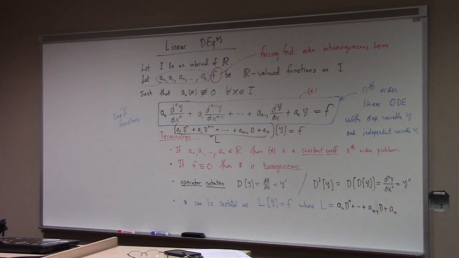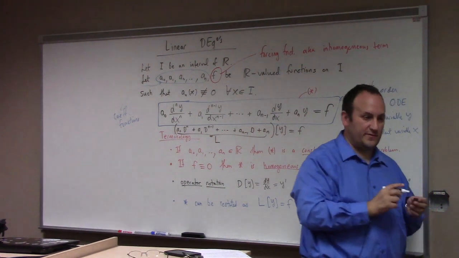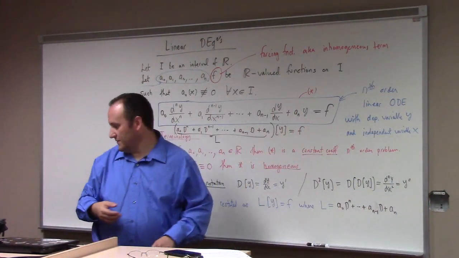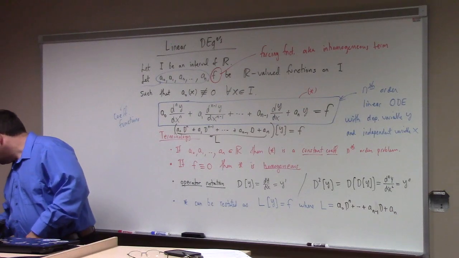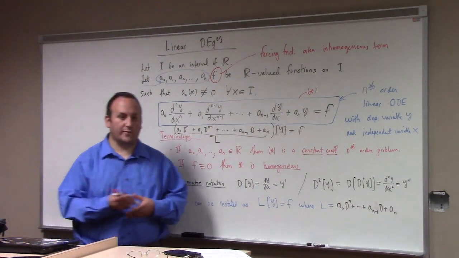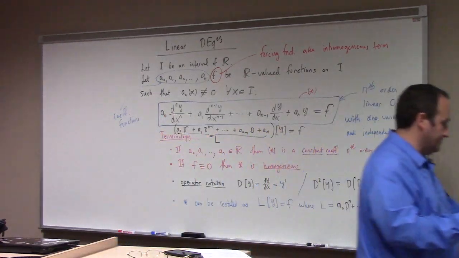Well, try it out. If I have B1 L1 plus B2 L2, where L1 and L2 are themselves linear operators, what happens when I let that act on a linear combination? So let's let it act on C1 Y1 plus C2 Y2. Let's see what happens.